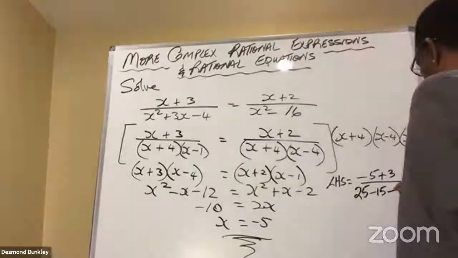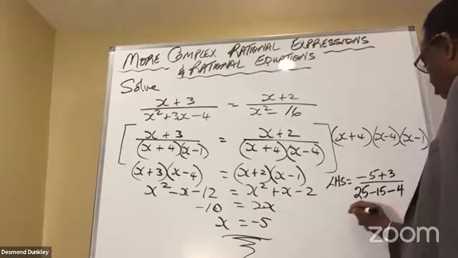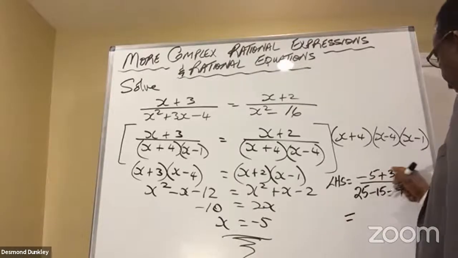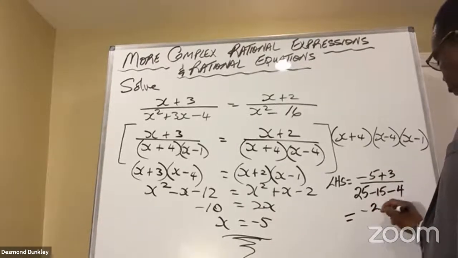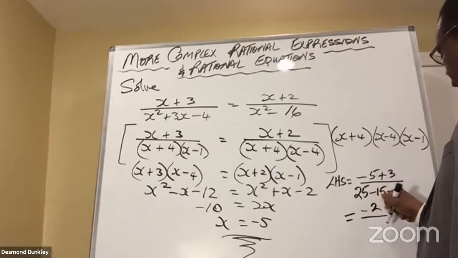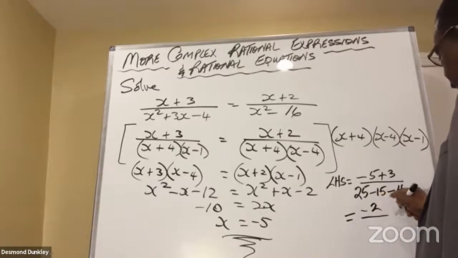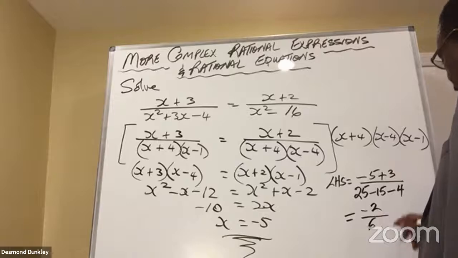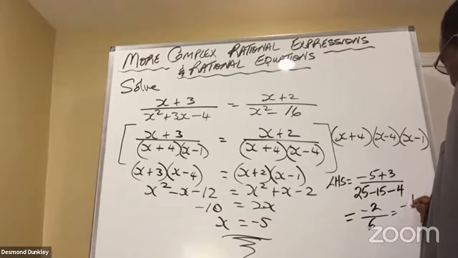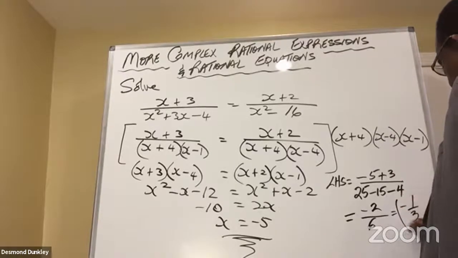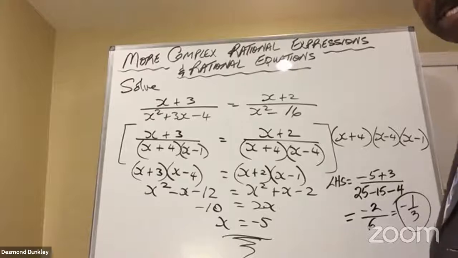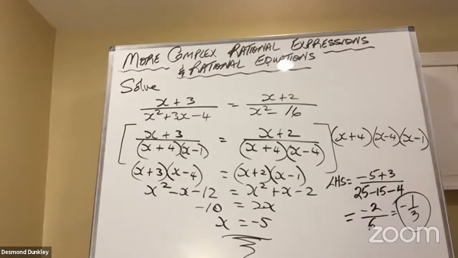Minus 4. What is that equal to? Negative 5 + 3, negative 2. 25 take away 15 is 10, take away 4 is 6. So that's going to give me negative 1/3. So negative 1/3 is what the left-hand side simplified to give us.